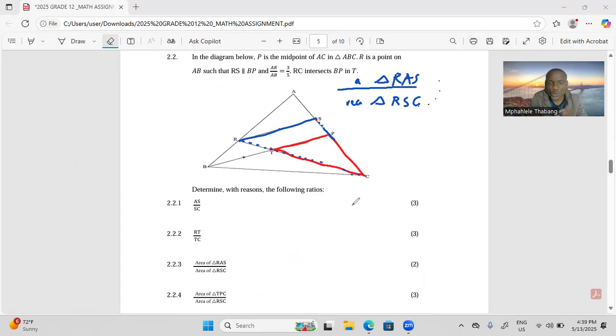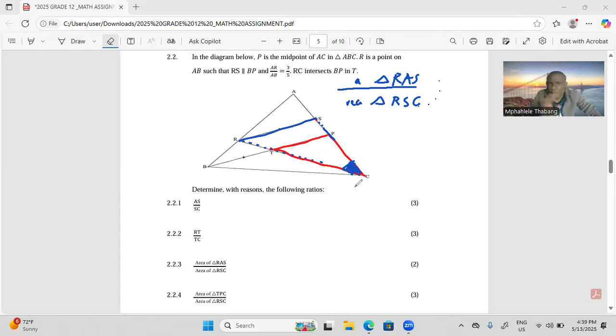These two triangles, TPC represented with a red color and the triangle RSC, have a common angle C. This angle C is found on triangle TPC and also on triangle RSC. So they are sharing the same angle.